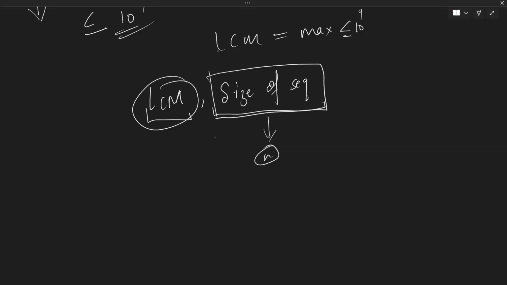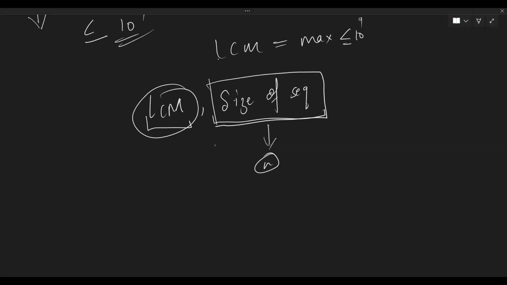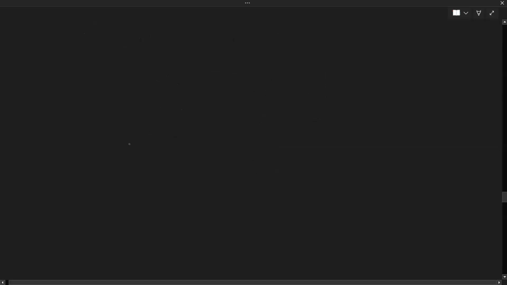Let's say you are getting 6 as the LCM, and there is one sequence which is just having 6. There is another sequence having 2 and 3, and another sequence having 1, 2, 3, and 6. Which sequence will you choose?